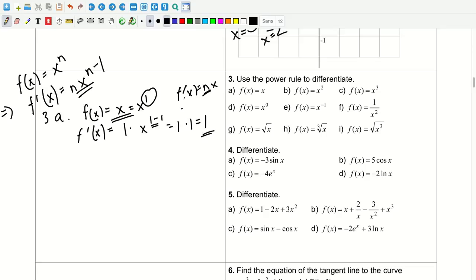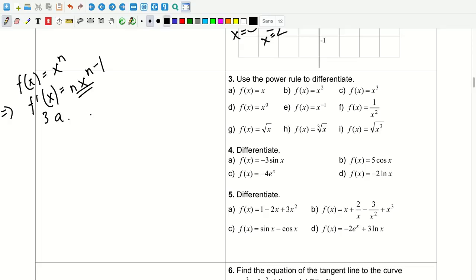For instance, f of x equals 3x, the derivative is just 3. f of x equals 4x, the derivative is 4. f of x equals 5x, the derivative is 5. f of x equals 1,000,000x, the derivative is 1,000,000. Just pick out the number. So f of x equals x is 1x, so the derivative is 1. Very simple.